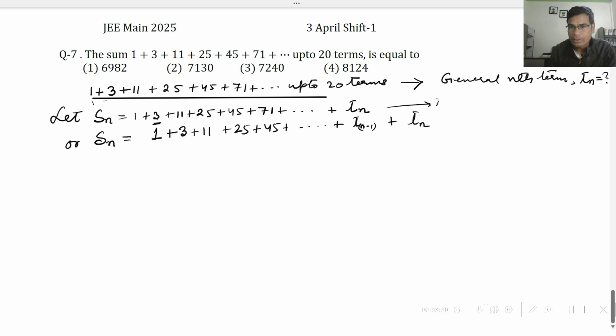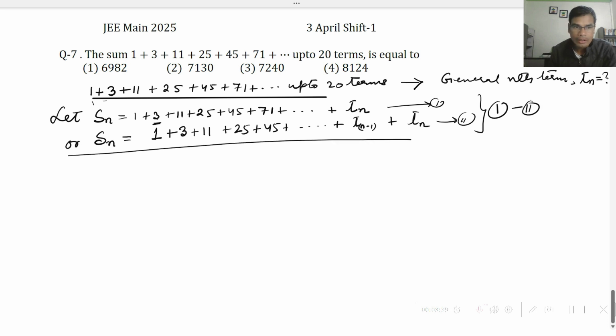Now if we denote this as 1 and this as 2, we subtract 2 from 1. So this will be 0. The first term will be 1. Now the second term will be the difference, 3 minus 1, which is 2. The third term is 11 minus 3, which is 8. Next, 25 minus 11 is 14.